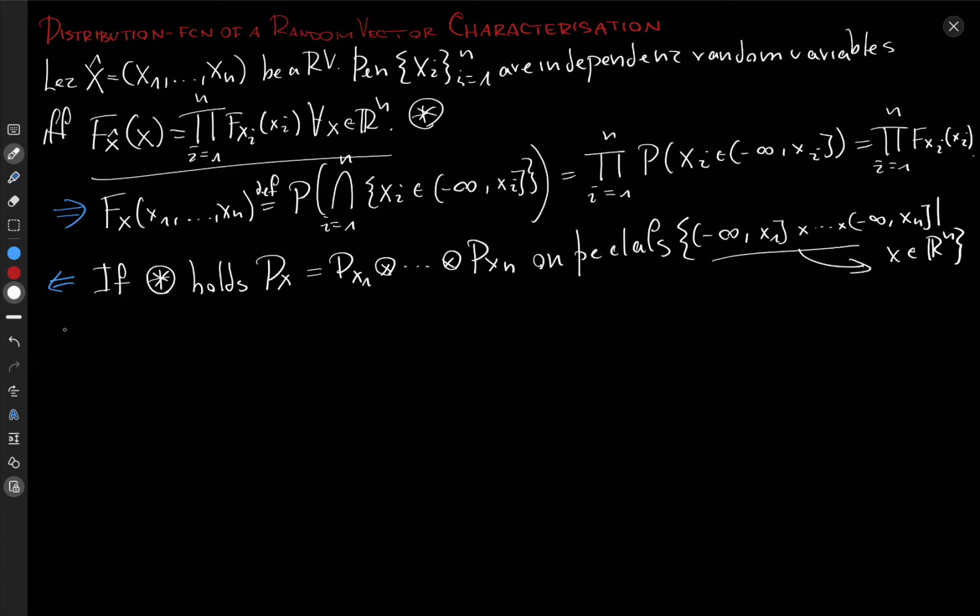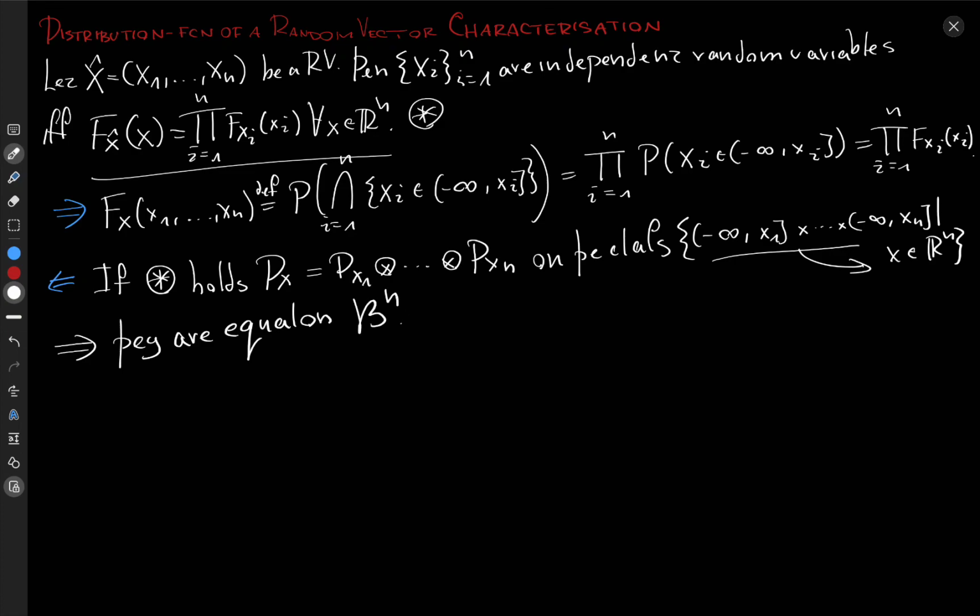Okay, but then using the same argument as we have used before, since they are equal on this class, which generates the whole n-dimensional Borel set, using the uniqueness of measure theorem, we have that they are equal on the n-dimensional Borel set.